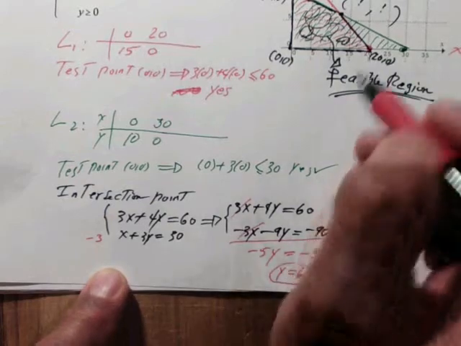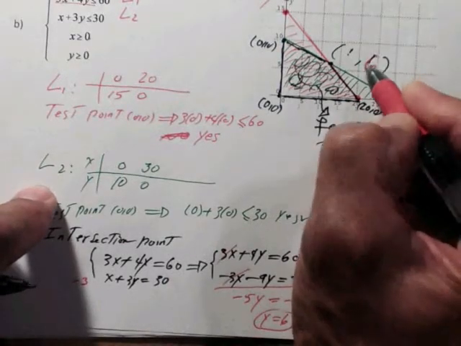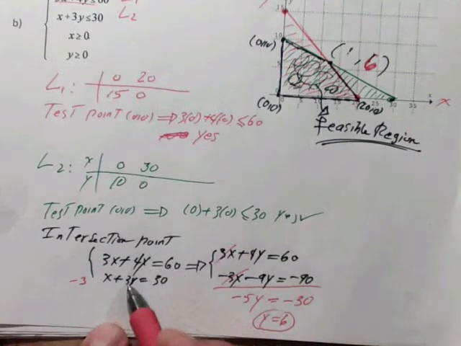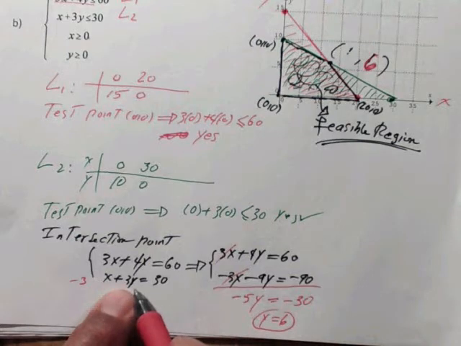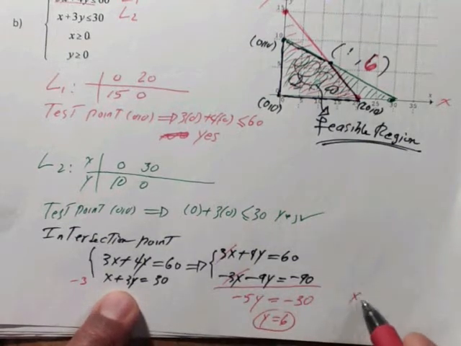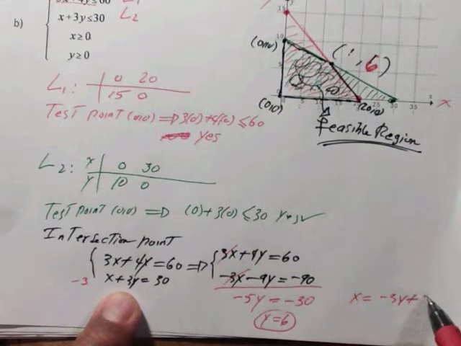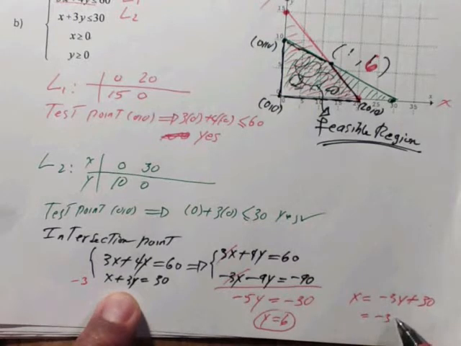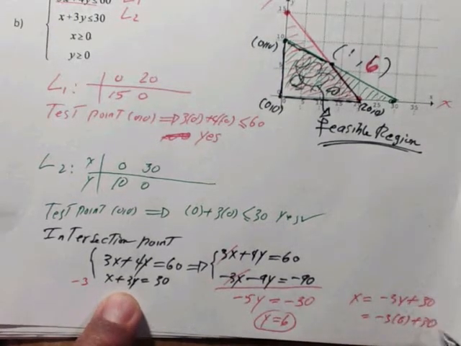Okay. So the y value of that point is 6 right here. Put this 6 into one of the two equations, either one. Like if I put it in the second equation here, x is equal to negative 3y plus 30, negative 3 times 6 plus 30.